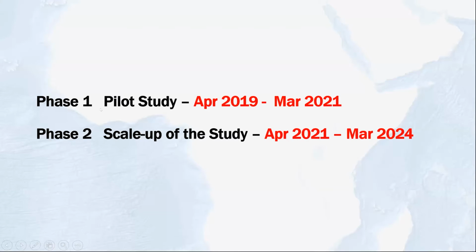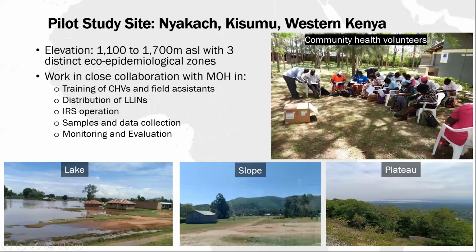And as I said, we have these two phases of our project: the pilot study that started in April of 2019, and the scaled-up study that we started in April of 2021. So I'll give brief findings in each of the phases. Our pilot study in Nyakach, in Kisumu, Western Kenya, is a high malaria endemic area with high pyrethroid resistance.